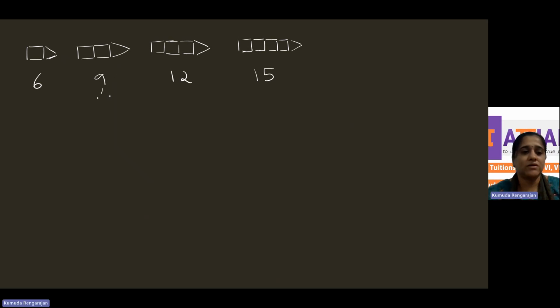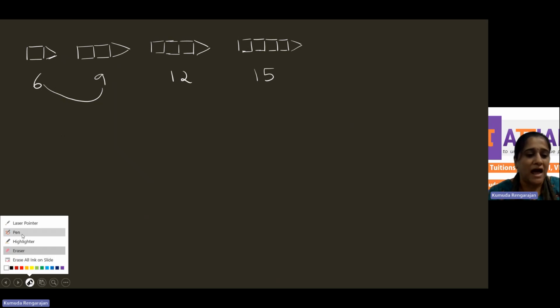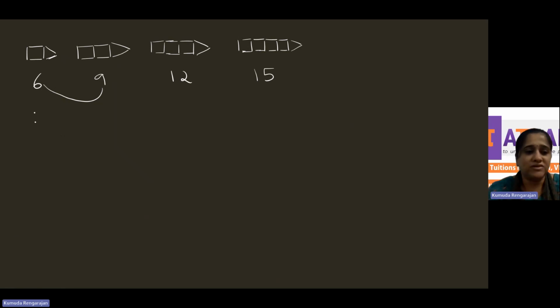What's the difference? 3. Now if you take n as 1, what should be the answer you should get? If you see 3 is the difference, then you should write 3n. Now if you take n as 1, what should be the answer? 6 should be the answer.